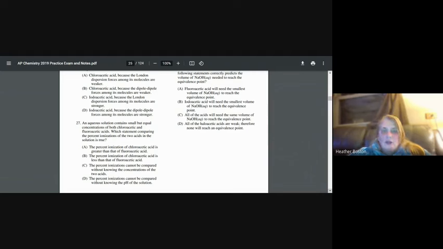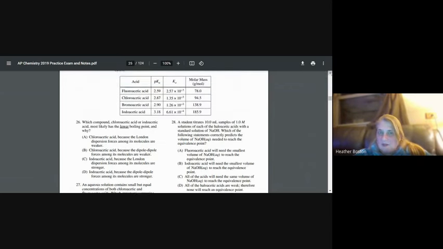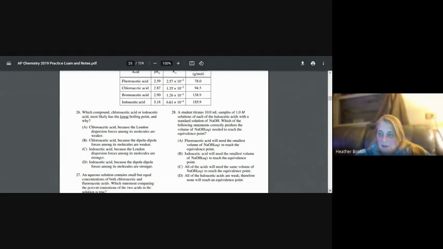The correct answer here for number 27 is B. It's not even talking about why. Okay, so the correct answer for that is B. That'll make more sense as we get to that particular part of the acids and bases unit.